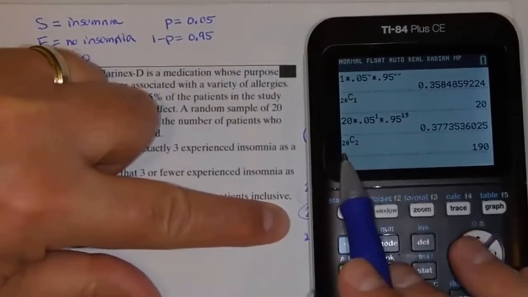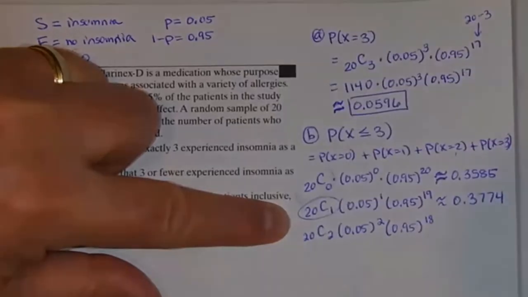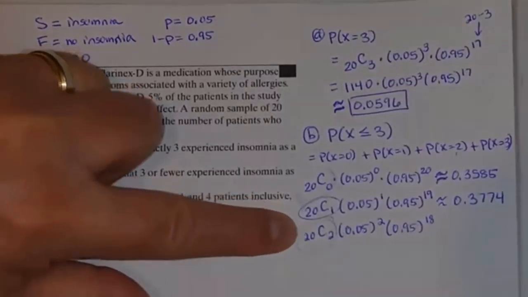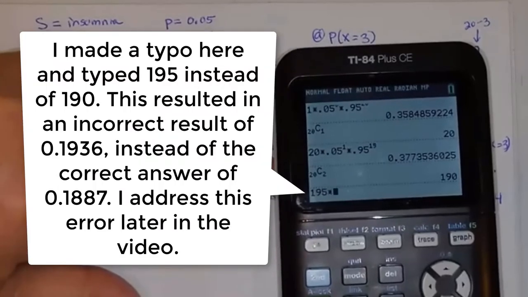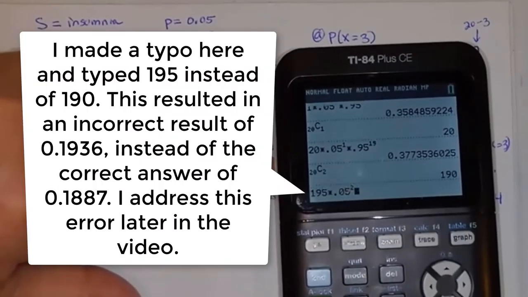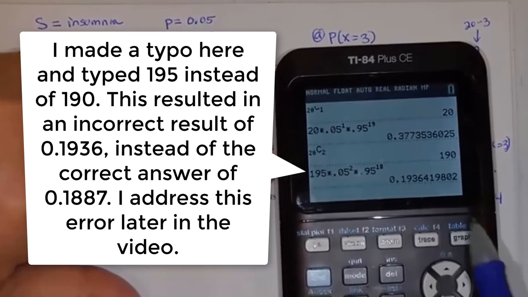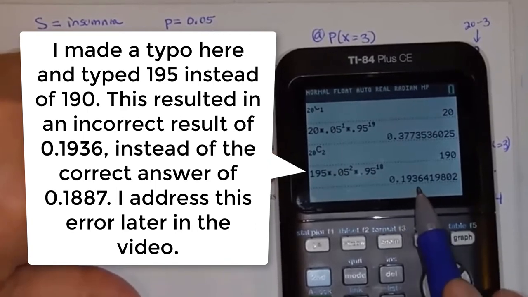So the combination of 20 choose 2 is 190. So this number right here is 190. If I take 190 times 0.05 squared times 0.95 to the 18th power, that is 0.1936.